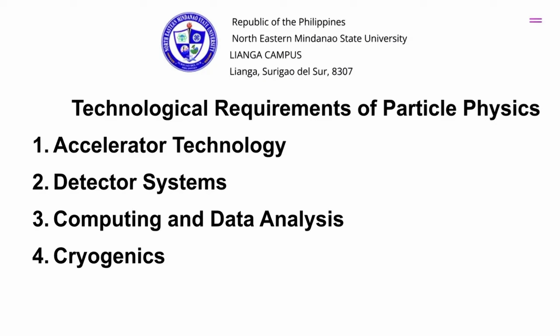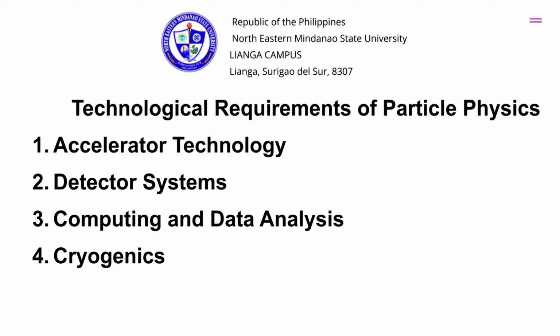Another topic is the technological requirements of particle physics. High-energy particle physics requires advanced and highly specialized technologies. Number 1 is accelerator technologies, which means superconducting magnets, radio frequency cavities, and ultra-high vacuum systems. Number 2 is the detector systems, which means precision silicon sensors, scintillators, calorimeters, and high-speed data acquisition electronics.